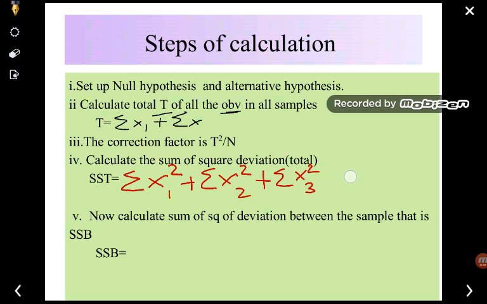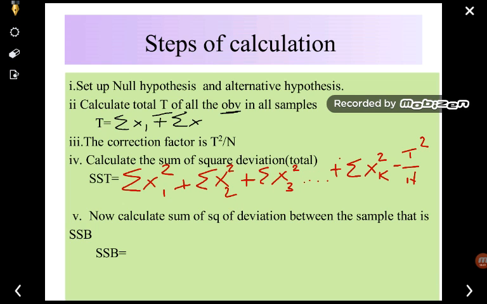In this way we add till the k-th observation, that is the last observation, summation of xk whole square, minus T square by n.